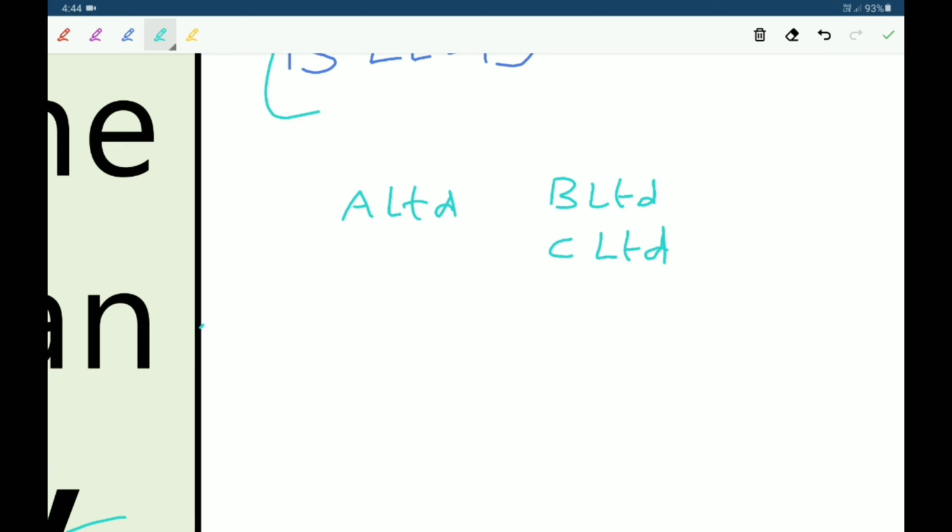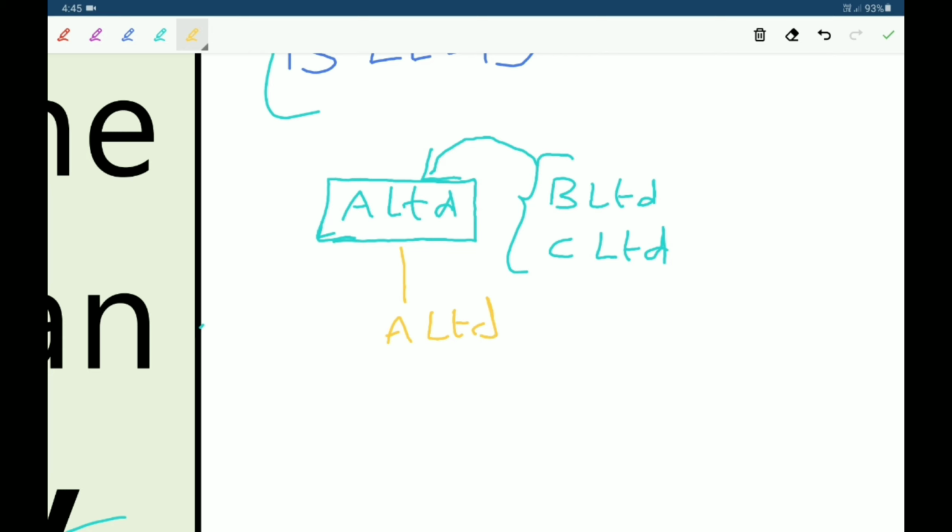They are competing entities. To avoid the competition, A Limited absorbed both B Limited and C Limited. Now only one company remains, that is A Limited. So this is absorption.